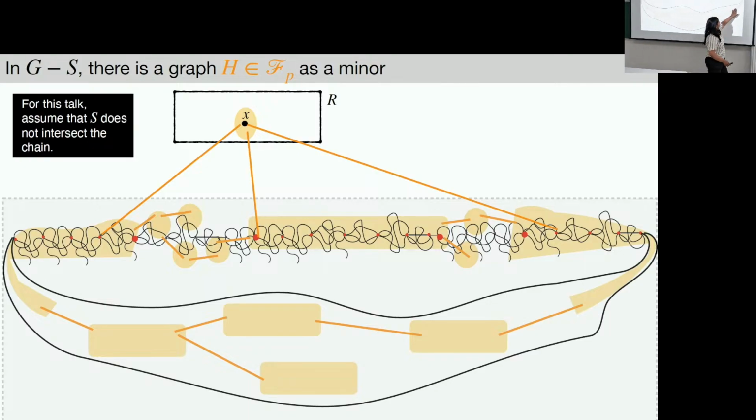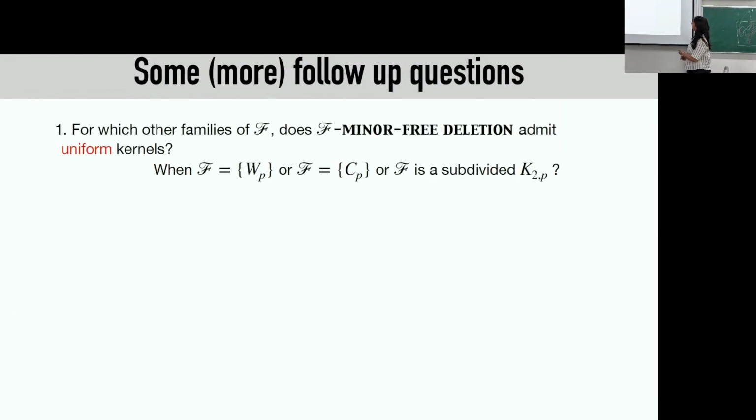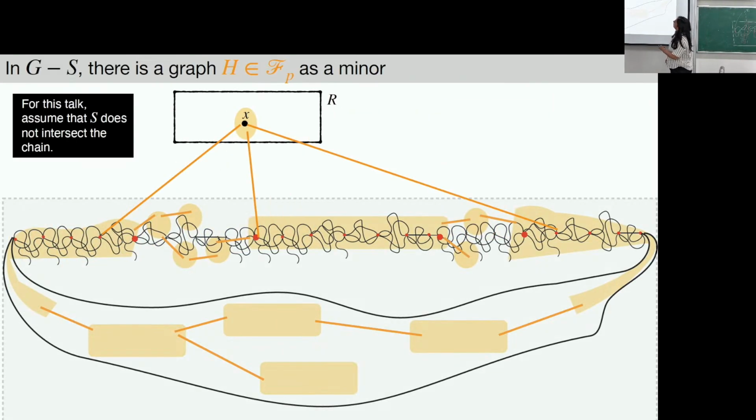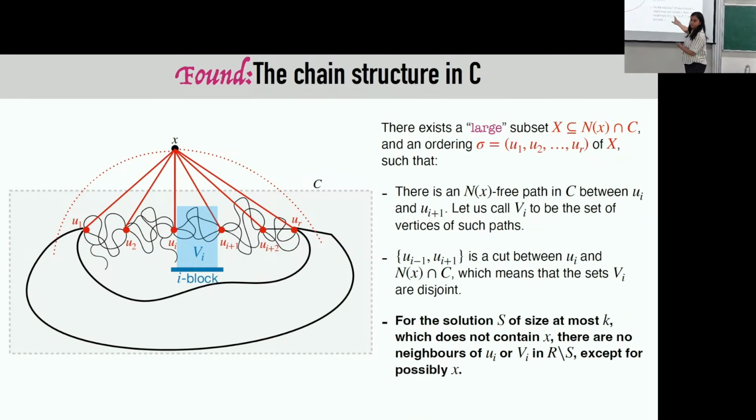There are no branch sets which intersect the chain and also the top part, because after removing the solution, the chain does not have any neighbors in the top part except X. This was the third property of the chain that we showed. Because of this property, after removing the solution, this chain does not have any other neighbors in the top part.